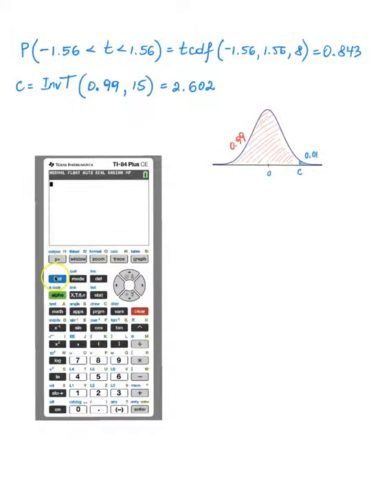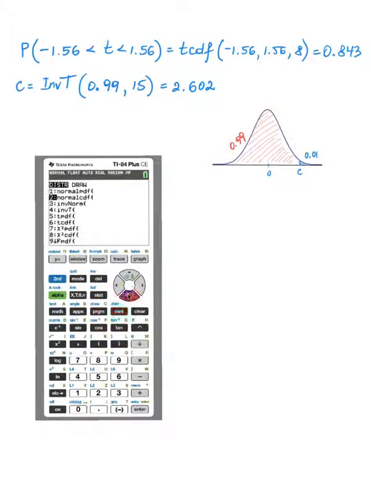Let's see that demonstrated. 2nd, VARS, option 6 for TCDF, lower boundary negative 1.56, upper boundary of positive 1.56, degrees of freedom 8, and the result is 0.843, just like we expected.